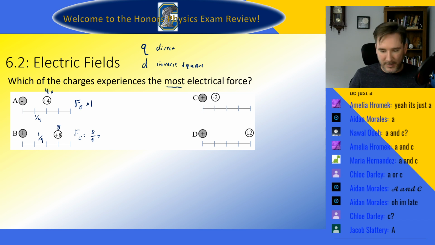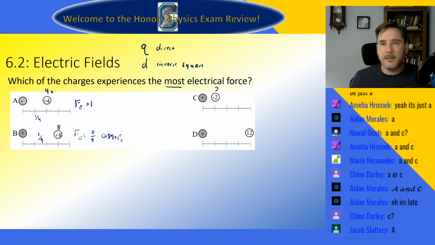And the decimal of that is pretty decently close to 1, but 0.889. So 0.89 times the force. And when we look at the other ones, it's the same idea, times FE.